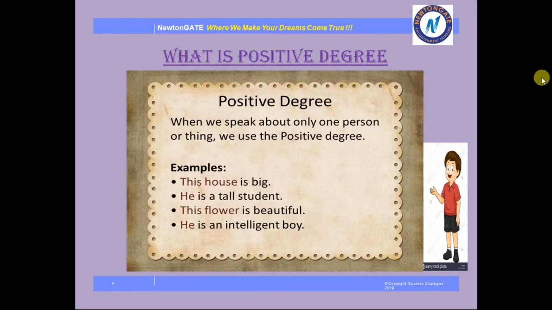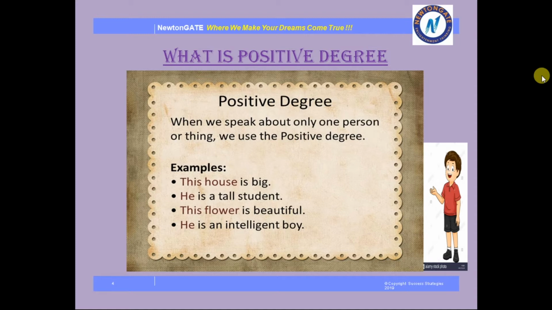Now, where will you use positive degree, and what is positive degree? When we speak about only one person or thing, we use positive degree. If we are speaking about only one person or one thing, then we can use positive degree.